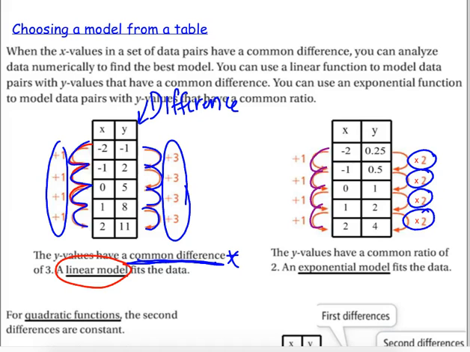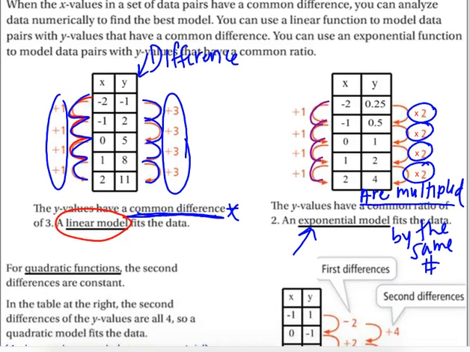So that told us it's an exponential model. So the y values are multiplied by the same number. So times 2, times 2, times 2, right? That's how you can tell it's an exponential model.